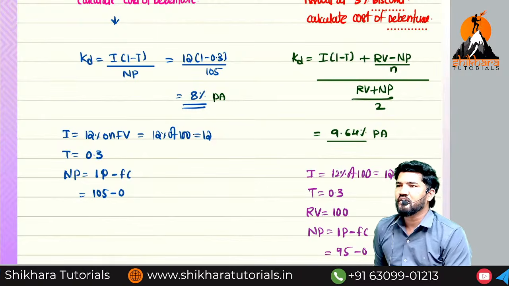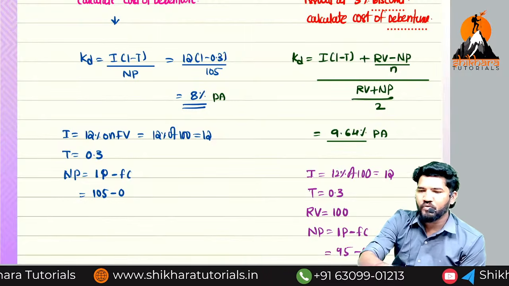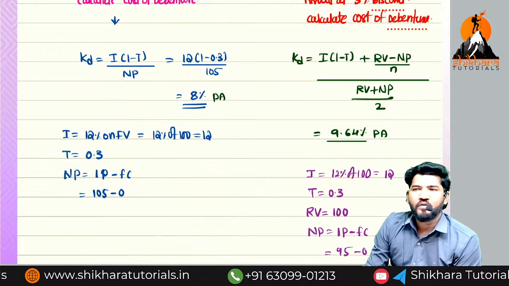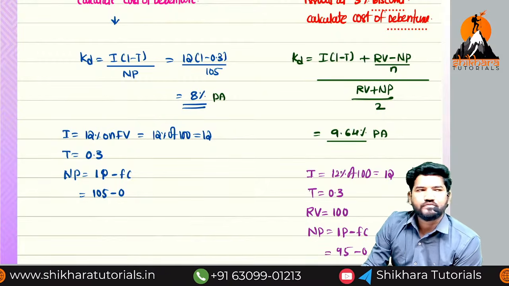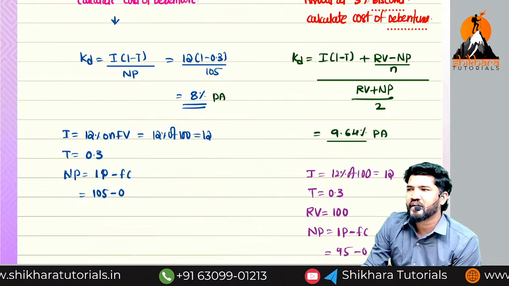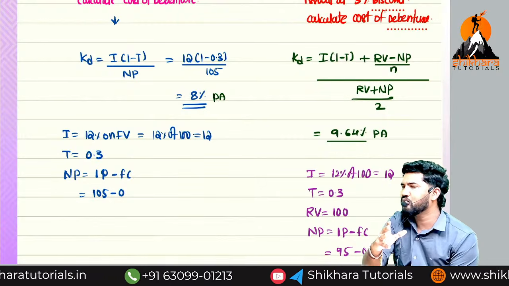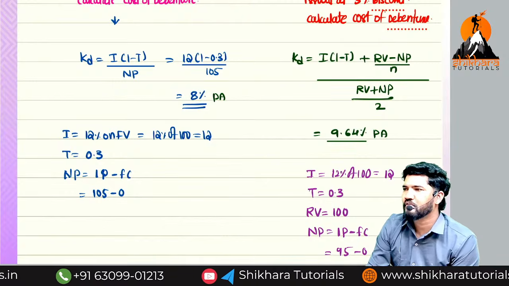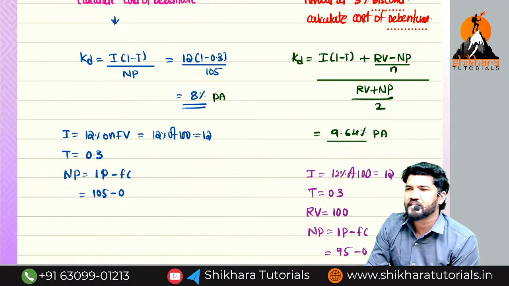I think in our old materials, they considered another concept for preference shares, dividend distribution tax. But it was abolished, I think, in 2012. There is no concept of dividend distribution tax for preference shares as per law.